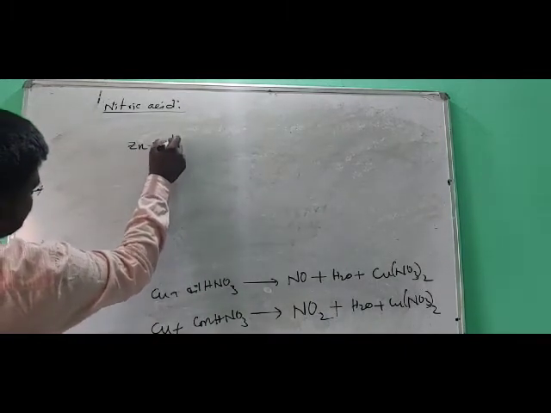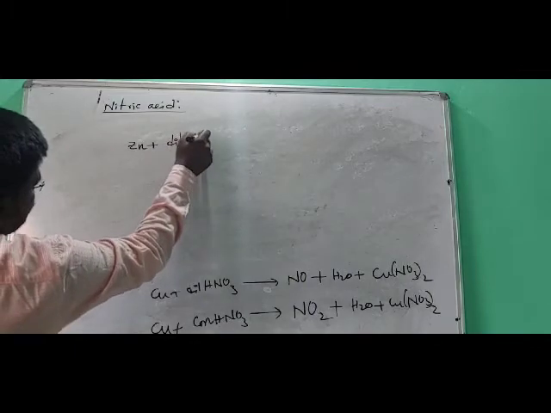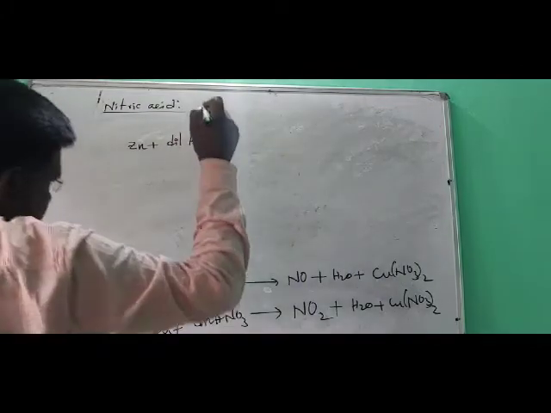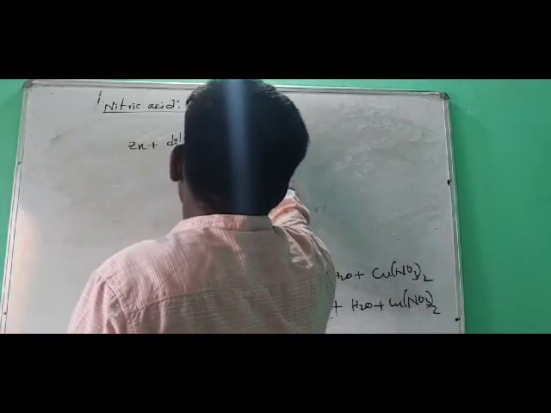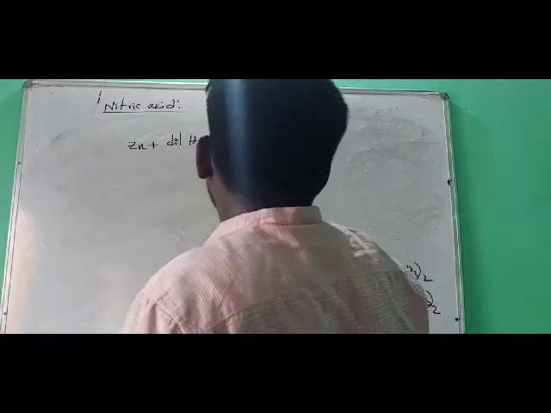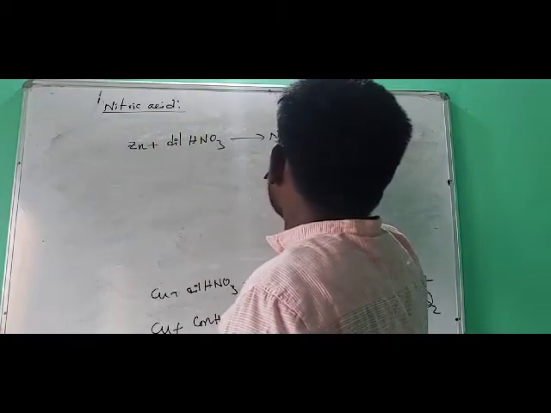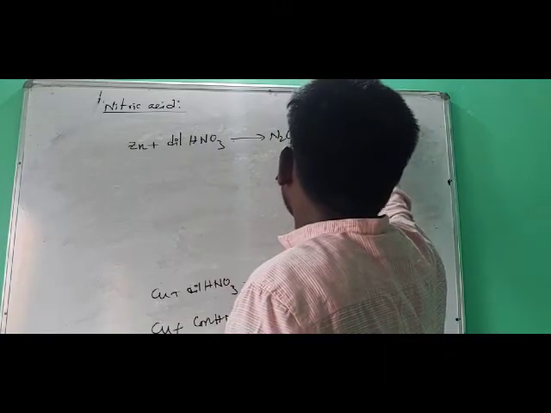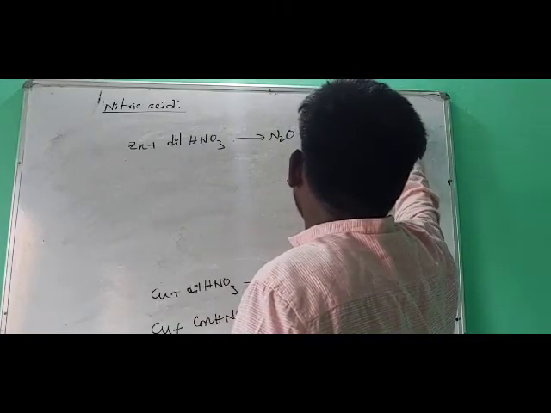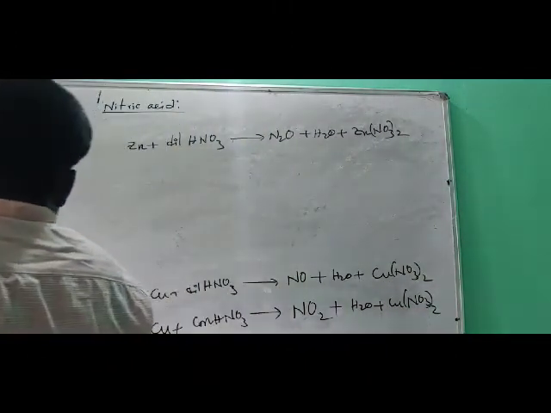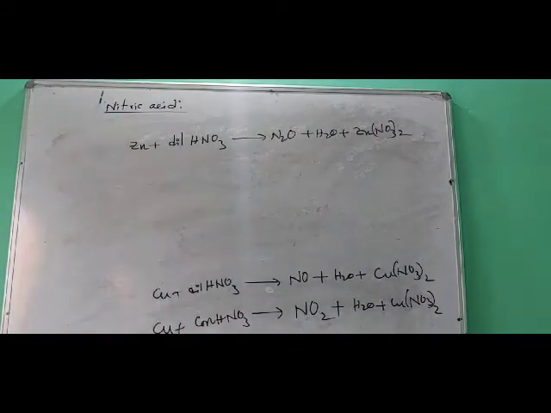When zinc reacts with dilute HNO3, we can get nitrous oxide, N2O, plus water, and we can get zinc salt, that is zinc nitrate. So when zinc reacts with dilute HNO3, N2O gas is released.